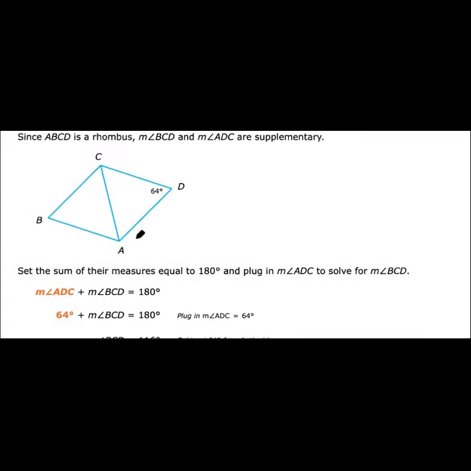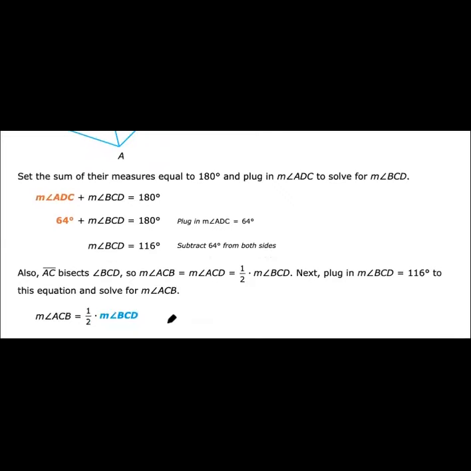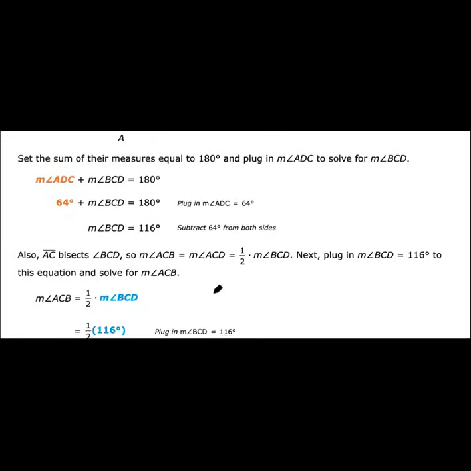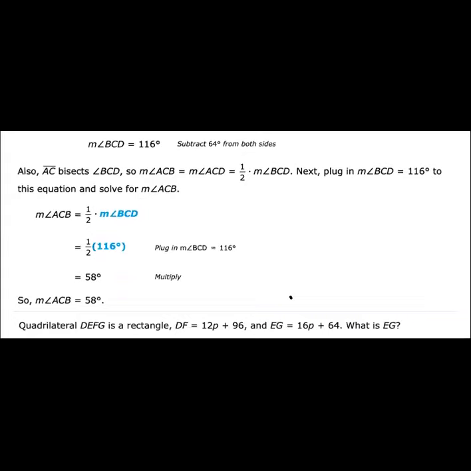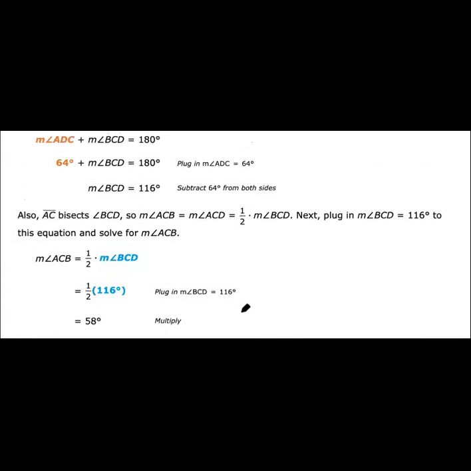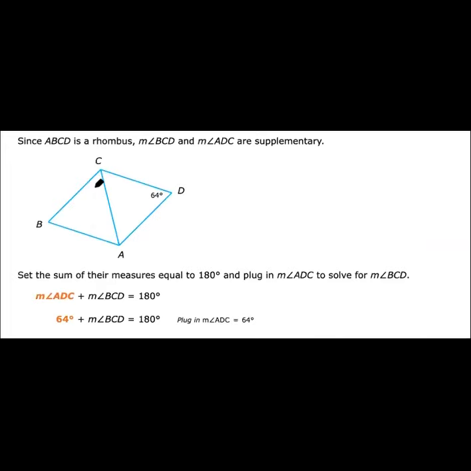So that means that we found BCD, so we're going to cut that in half or multiply by half. So 116 times half is going to be 58. So ACB is going to be 58. So 58 on this side, 58 on that side right there.